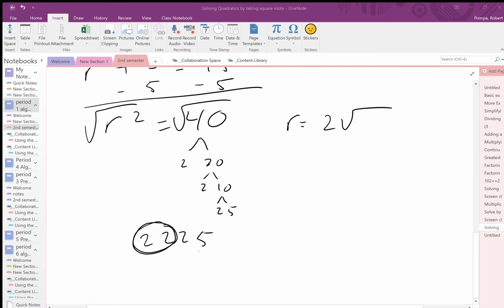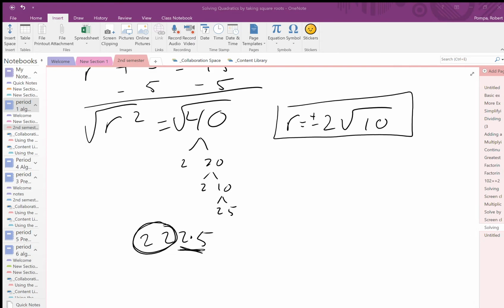Your non-pairs go inside, so 2 times 5 is 10. And then just don't forget to put the plus or minus in front of it.